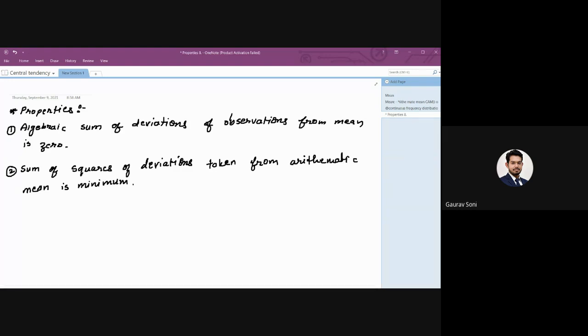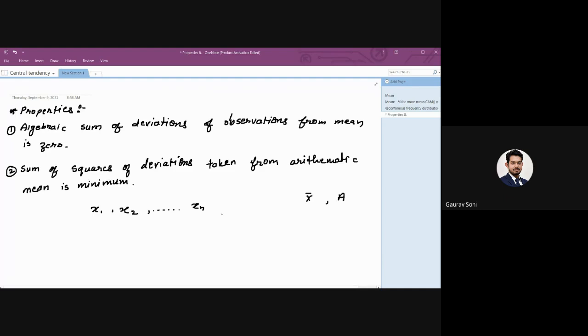We won't go into the details of the proof, but I'll certainly explain the property. So you have x1, x2 up to xn, right? And x bar is the mean. And I have a as any number.